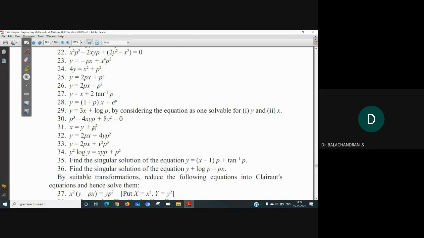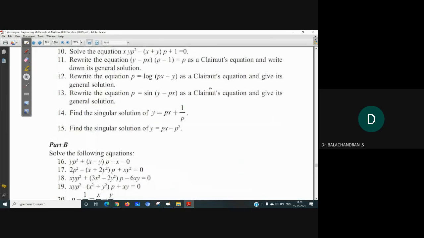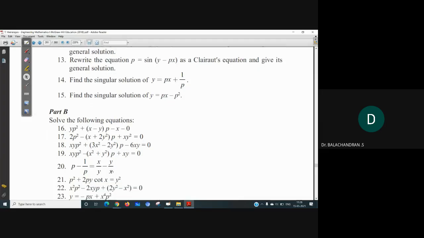You can choose at least 5 to 6 problems. And then you can cross check the answer in the book.